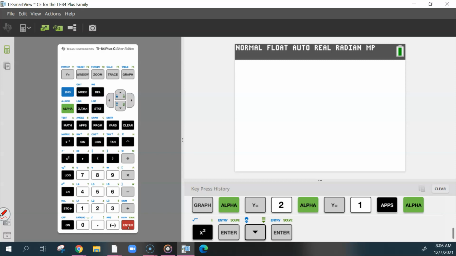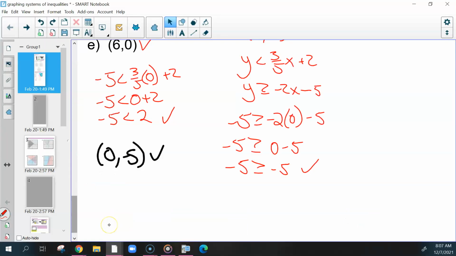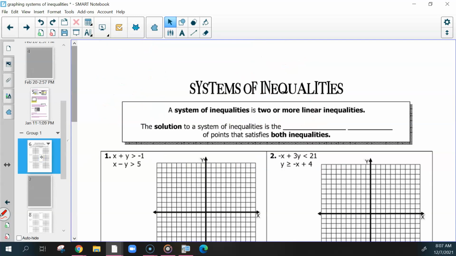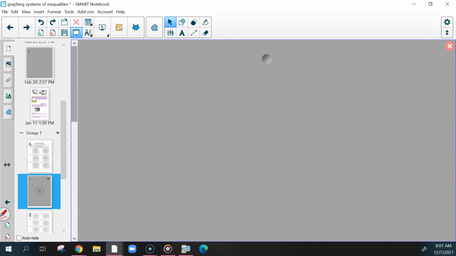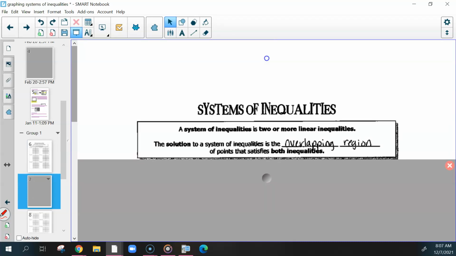So we're going to do one more example really fast and then be done for today. Find this page. The answer to this is the overlapping region.